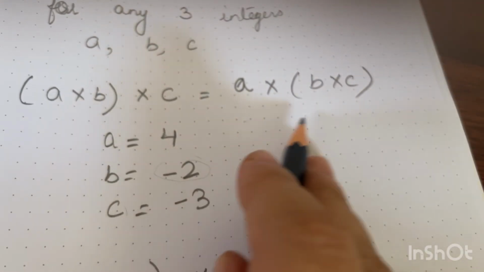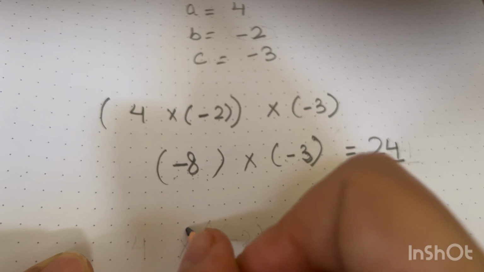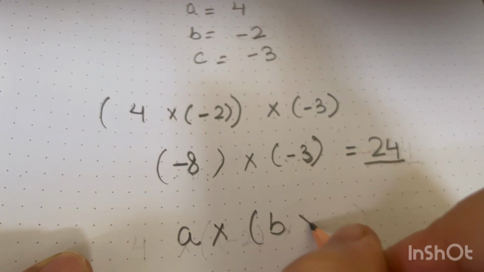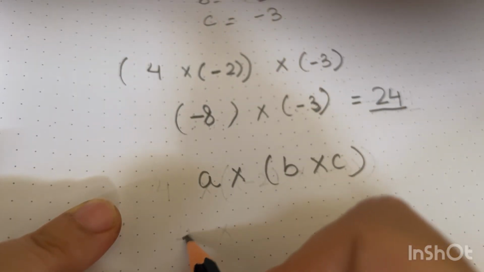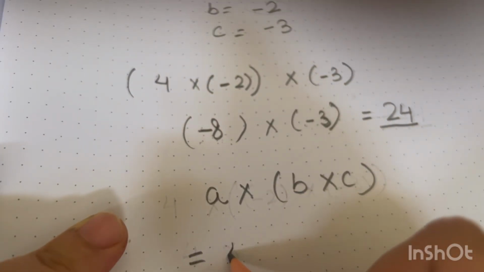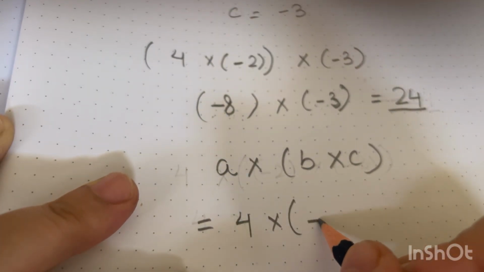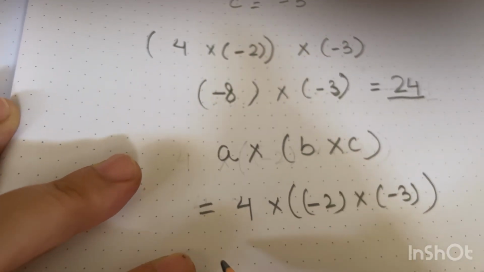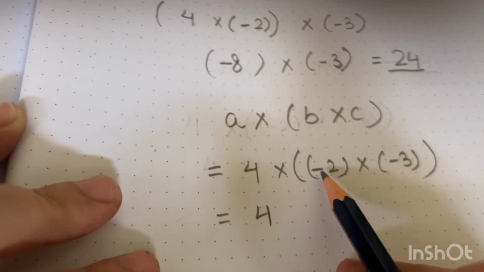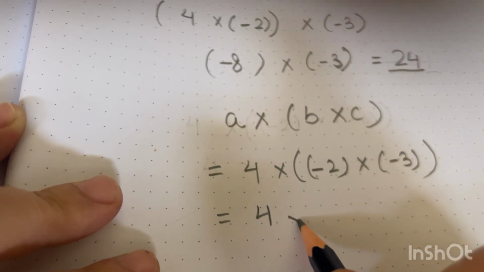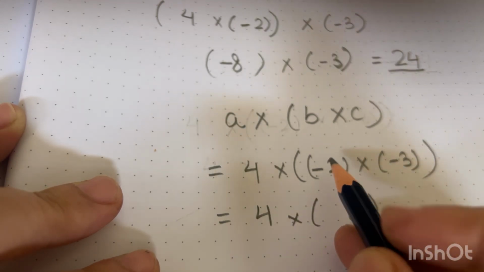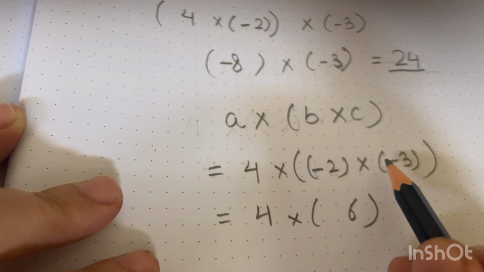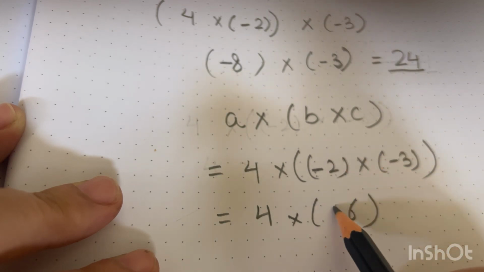Now let us solve the right hand side, that is a multiplied by (b into c). So the value of a here is 4 multiplied by (minus 2 into minus 3). Let us solve the bracket first. Minus 2 threes will become 6, and a negative integer into a negative integer will become a positive integer.